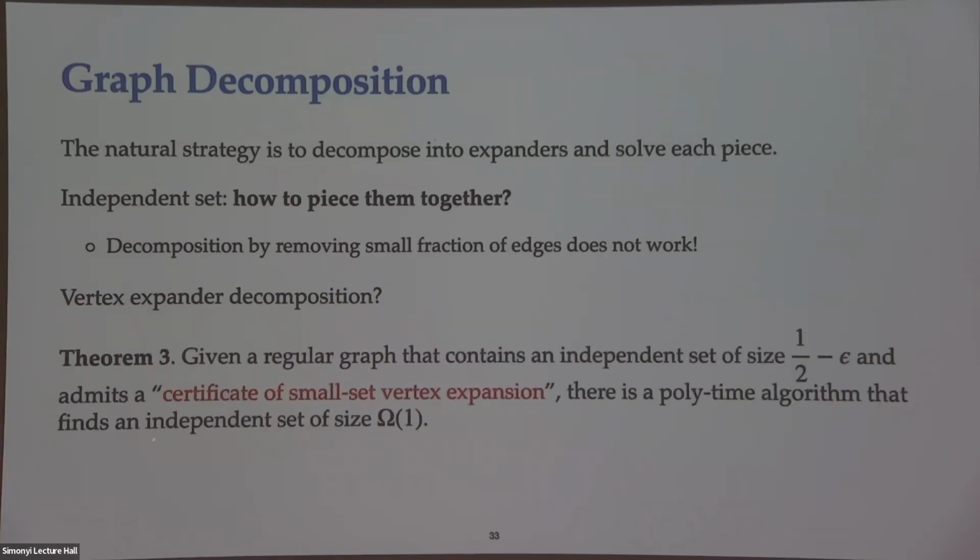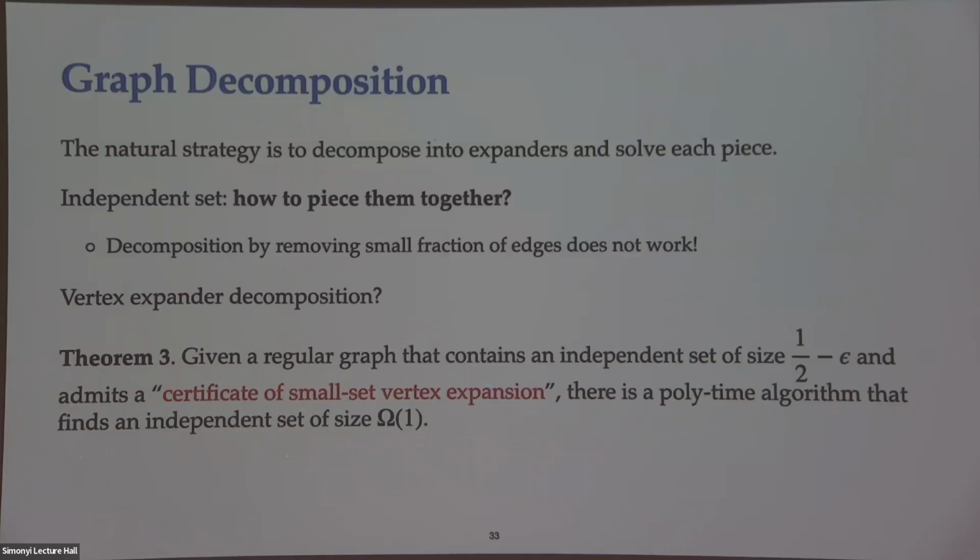And let me restate our third result. Given a graph with a half minus epsilon size independent set, and that has a certificate of small set vertex expansion, then we're able to find an independent set of size constant. So what does this mean?